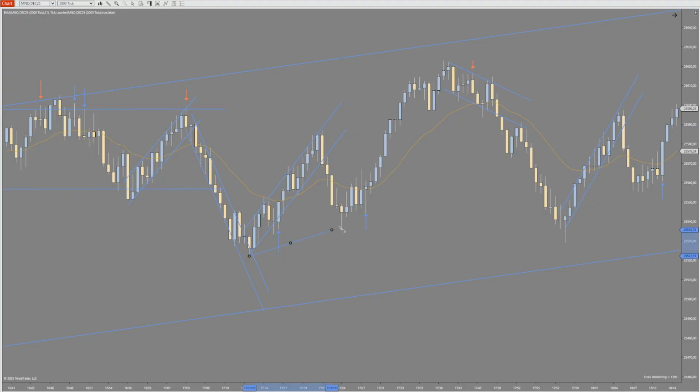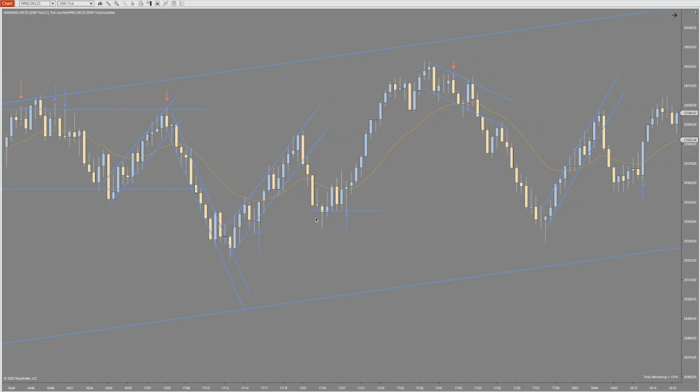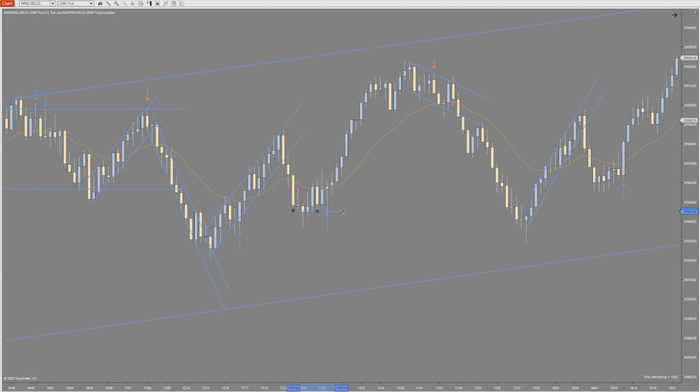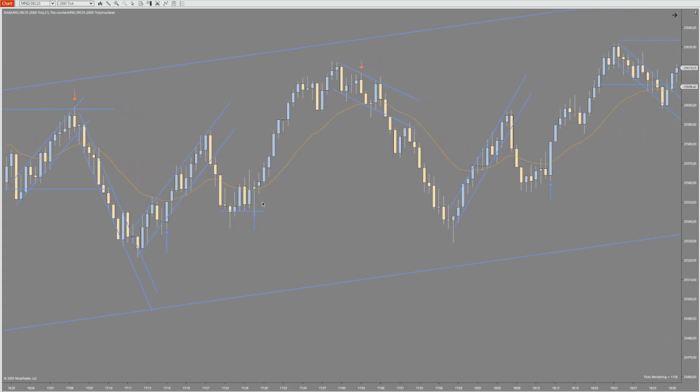It kind of confirms. It's also kind of a one test, two test, maybe a triple test, maybe, but it's a second entry. Second entry long, which works really well.